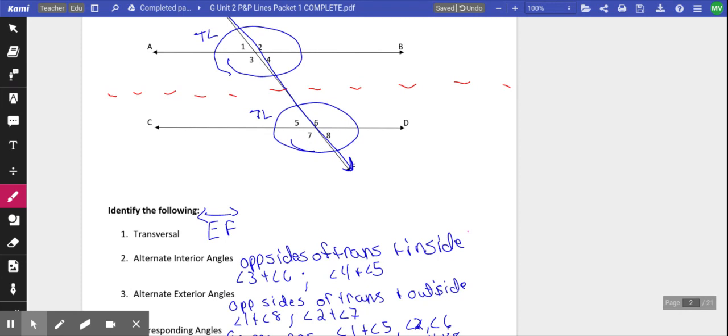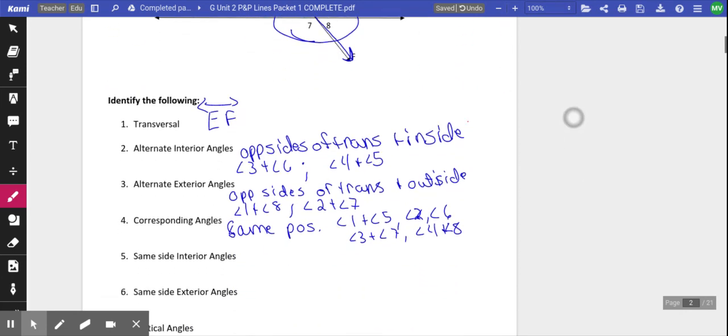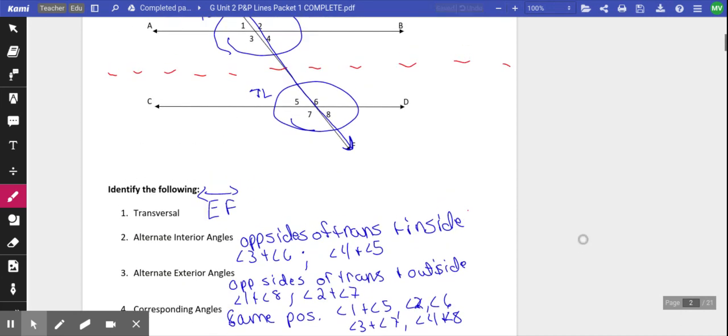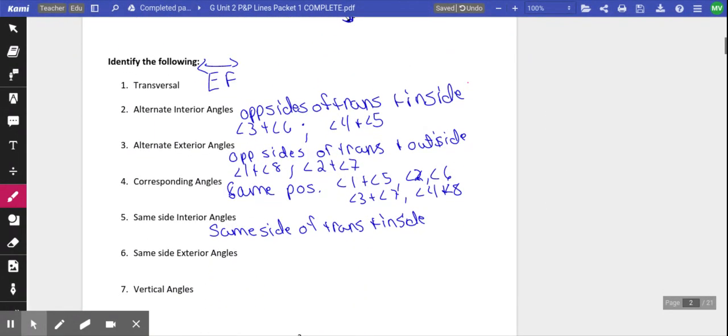Next, we have what are called same side interior angles. So same side interior angles are on the same side of the transversal and inside. So our same side interior angles, if we look, would be 3 and 5, and then 4 and 6.